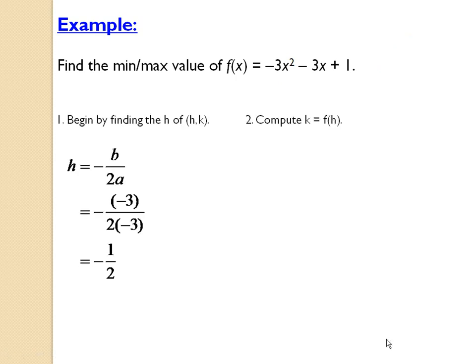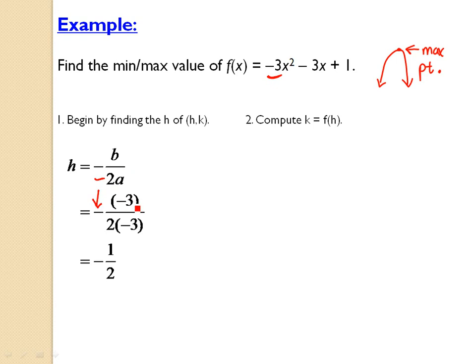Alright, let's begin by finding the h. So h again, or x, is negative b over 2a. Our b was negative 3. Notice here that we already have a negative in the formula, which we brought down, but the b is also negative.